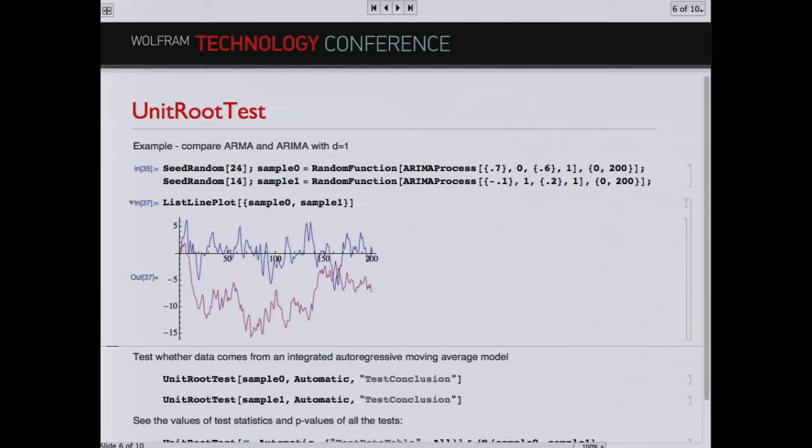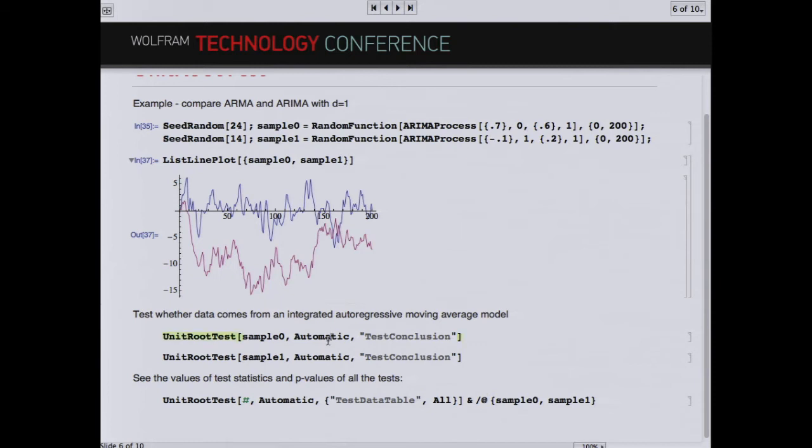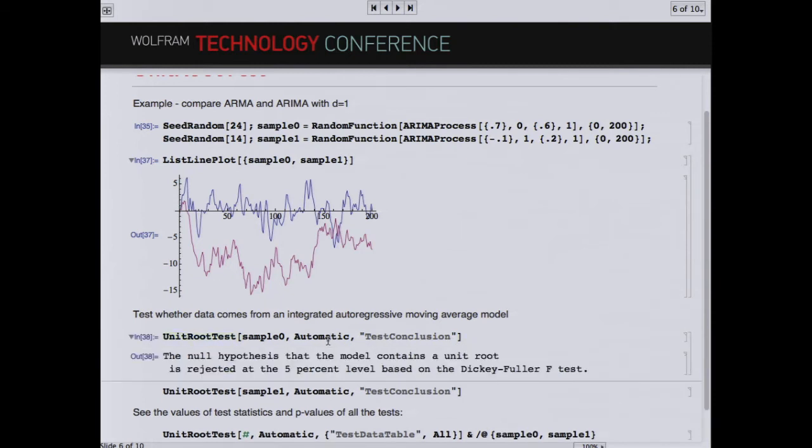And the tool for this is the unit root test, which is a hypothesis test to find out whether our sample comes from a model which is integrated or comes from a pure ARMA model. If I run it on the first sample, luckily, I need to reject the presence of what we call a unit root, which would mean that the model is an integrated ARMA.